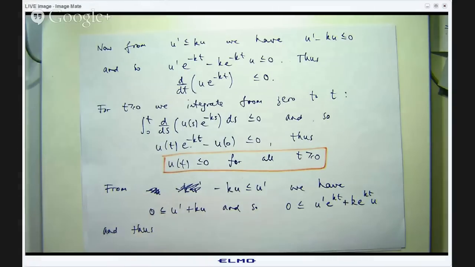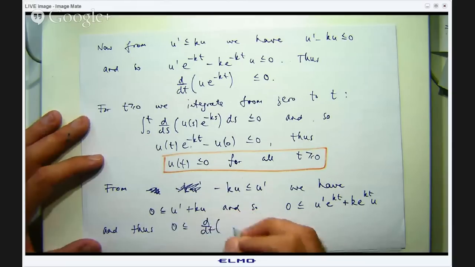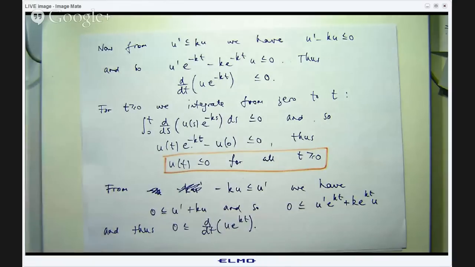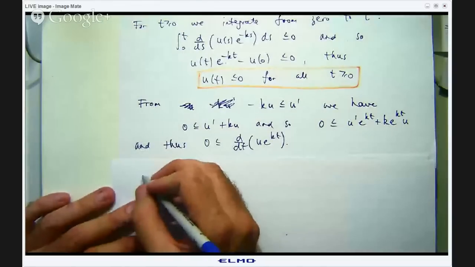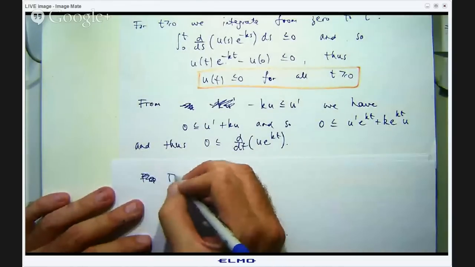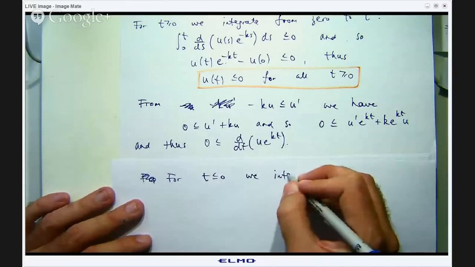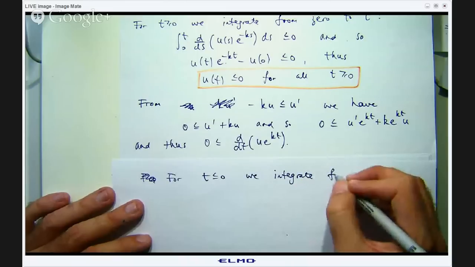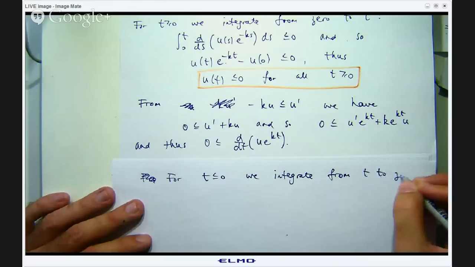Okay, all right, so we get the following. All right, so now if I integrate in the following fashion, for t less than or equal to 0, we integrate from t to 0.